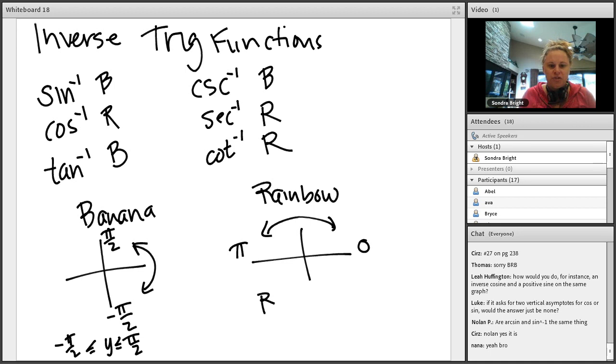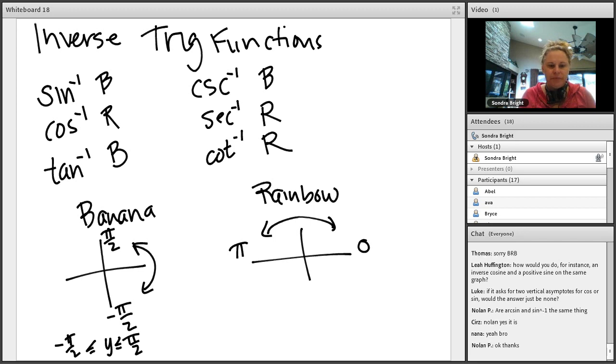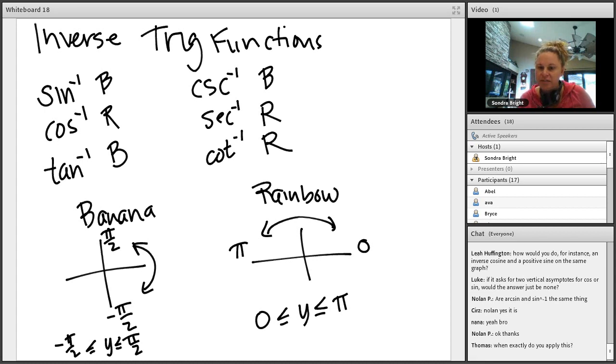So the range is from 0 to pi if it's a rainbow. That's all that was talking about, is that is the range values, right? That's how you know how it's restricted.